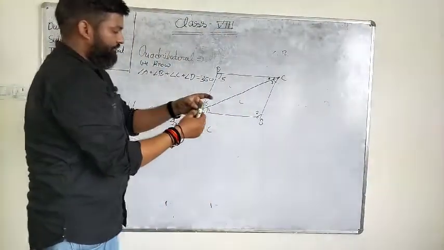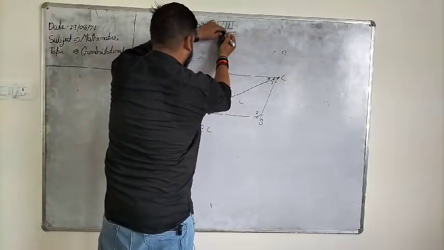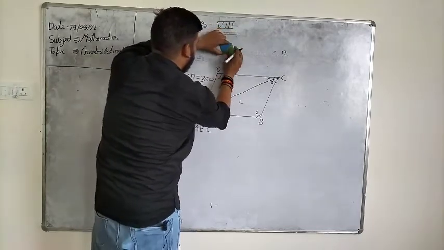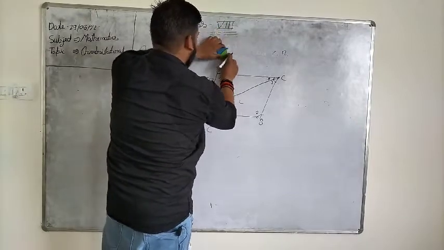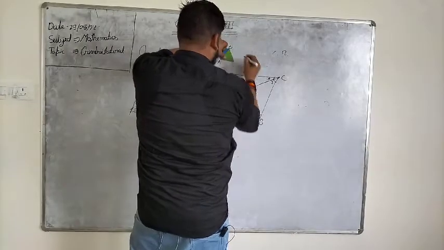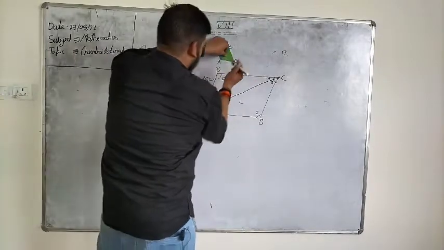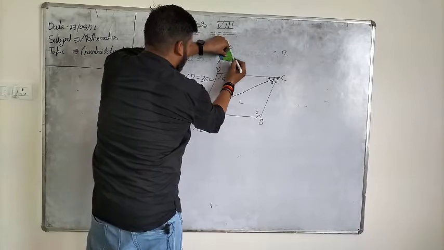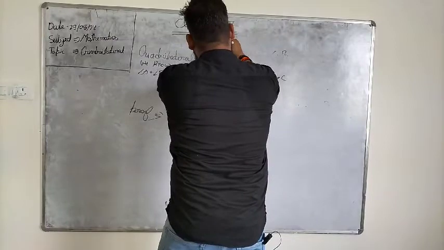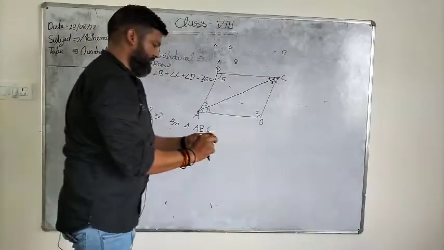If I write the names, this is angle A, this is angle C, this is angle B, and this is angle D. And now this is 1, this is 2, this is 3, this is 4, this is 5, and this one is 6. By the activity you can understand very easily.